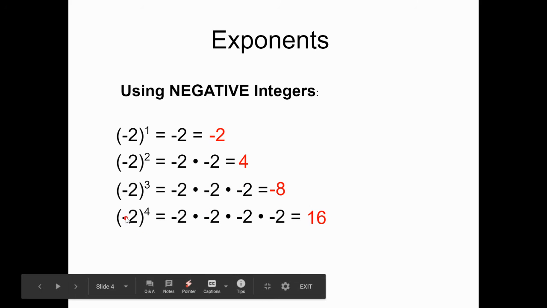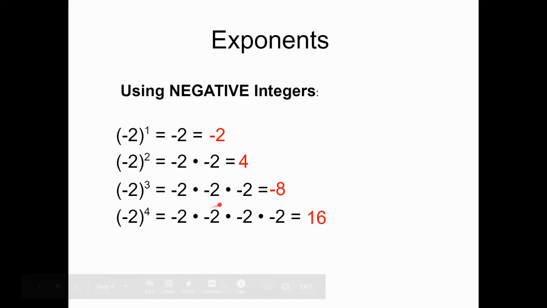And now I have negative 2 to the power of 4, which means negative 2 times negative 2 times negative 2 times negative 2. I know negative 2 times negative 2 is positive 4. Positive 4 times negative 2 is negative 8. And negative 8 times a negative 2 is a positive 16.